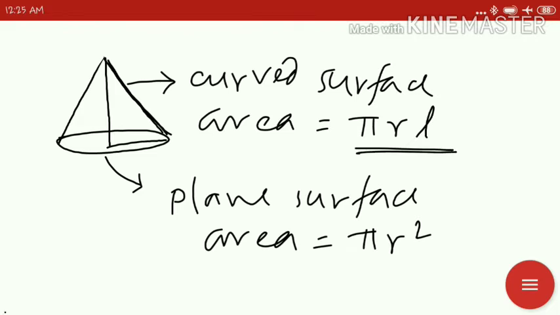So pi r L is the curved surface area, and the plane surface area is pi r square. Now you just have to remember those formulas. I will come to the details of how to find L or H later. Just stick with the video.